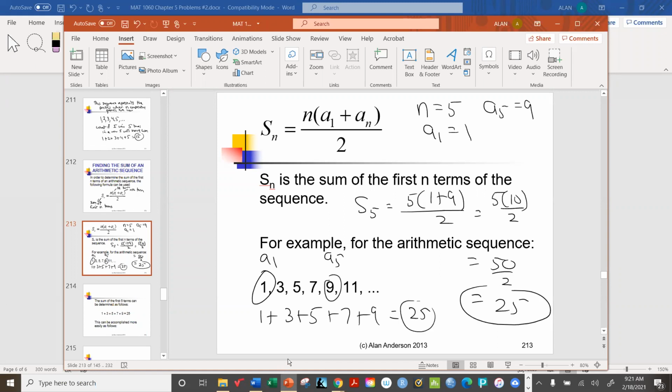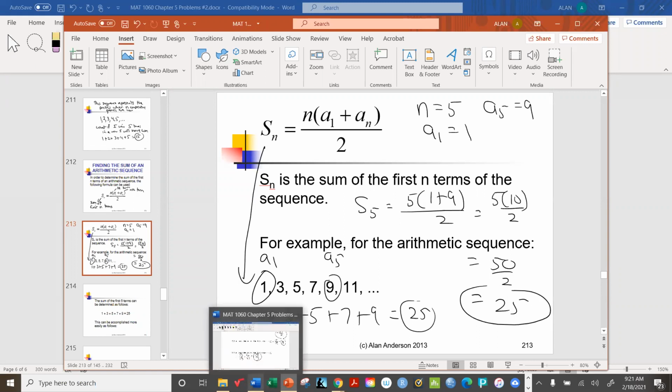So the formula took the place of manually adding up the first 5 terms. And again, you can see the advantage of this will be more pronounced when we have more and more terms. If we had to add up the first 100 terms, for example, then this becomes much more important than if it's just the first 5, let's say.